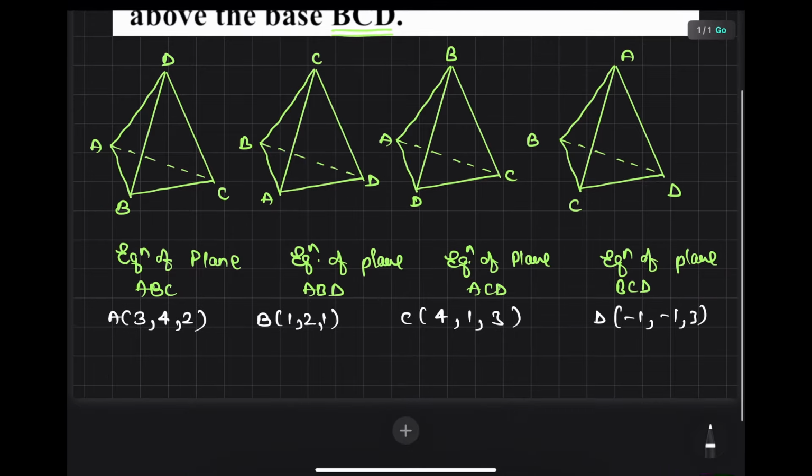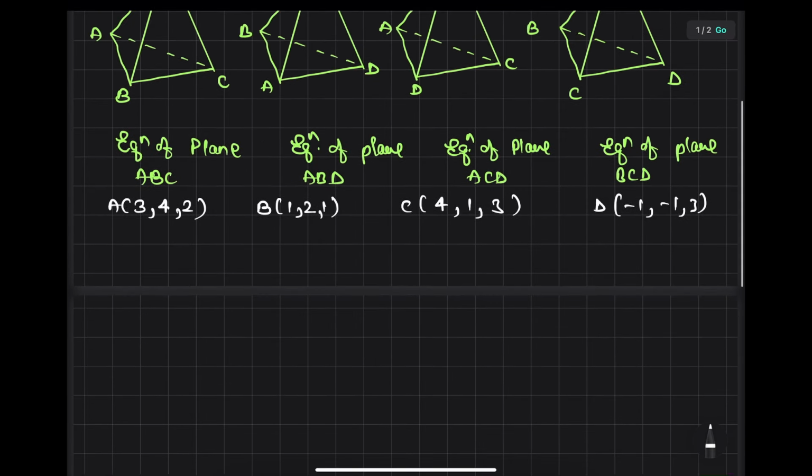Correct? Now suppose you need the equation of plane BCD and you have the points B, C and D. Using 3 points, can you write the equation of the plane? The answer is yes. How will we do that?